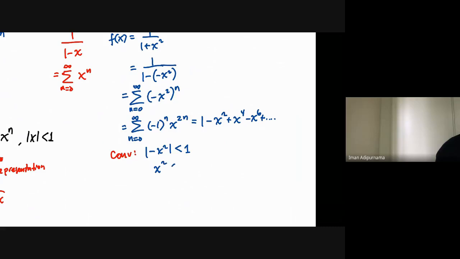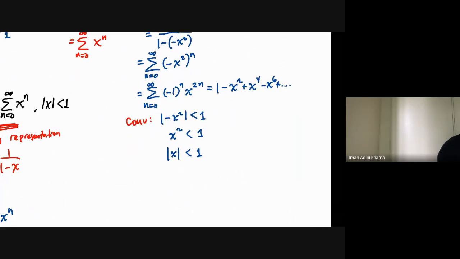And since it's squared, we can also write this as absolute value of x less than 1. It can be positive or negative. And as a conclusion, the interval of convergence will be from negative 1 to 1. And of course, if you want to calculate the radius, you can also apply the ratio test, but because it's not asking for the radius, it's not really necessary to calculate. Okay.